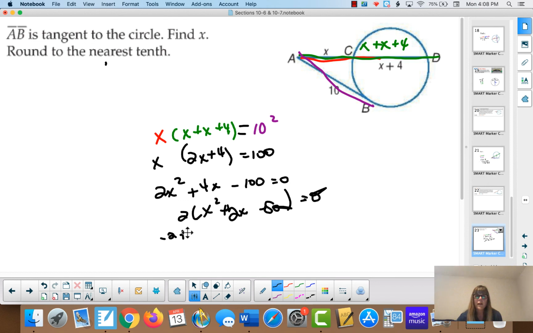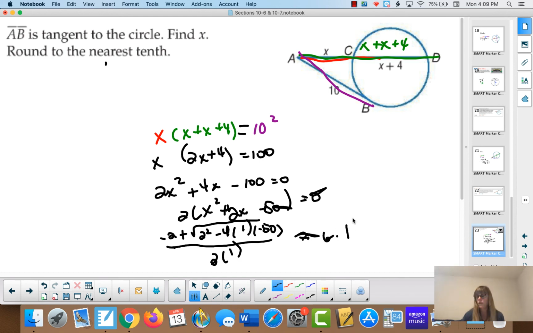So we're just going to do negative 2 plus the square root of 2 squared minus 4 times a, which is 1, times c, which is negative 50, all over 2 times a. When you put that into your calculator, if you round to the nearest tenth, you get 6.1 for x.